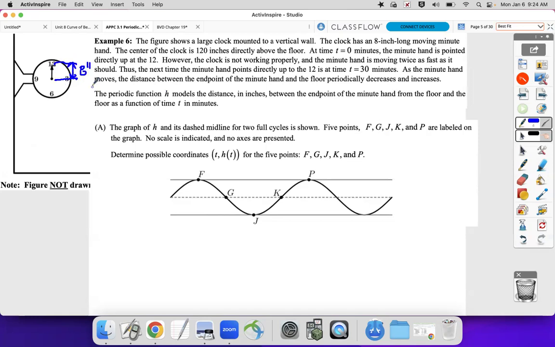And then the distance down to the floor is 120 inches. And then what they're saying is at time t is 0, so we're going to put time on the x-axis in seconds. And we're going to put height on the y-axis in inches.